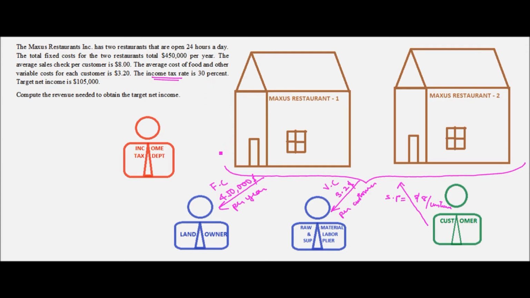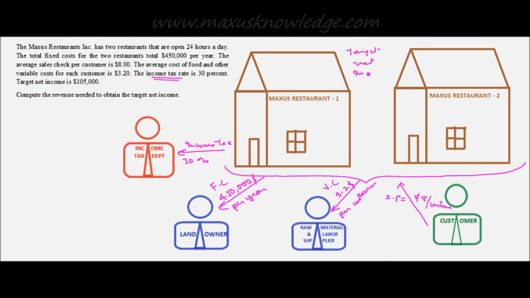So Maxis is now paying an income tax of 30% to the income tax department. Now with all this, after paying the income tax, Maxis wants to have a target net income of $105,000 per year.